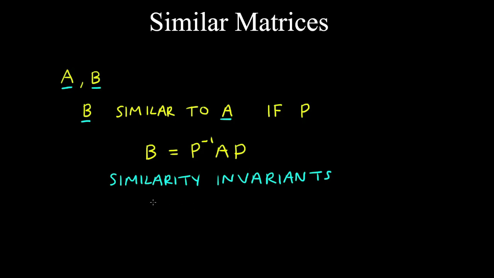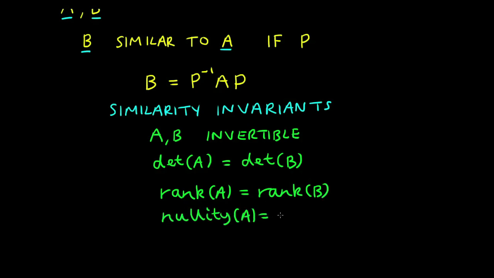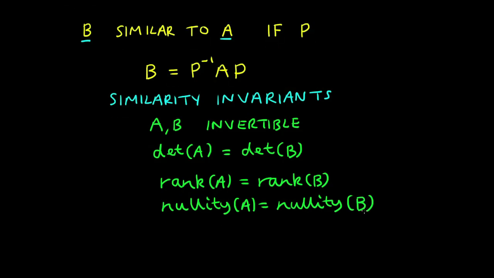So these properties include that A and B are both invertible, they have the same determinant, the same rank, the same nullity, same eigenvalues, and same eigenspace dimension.